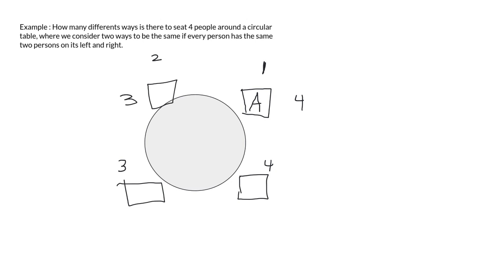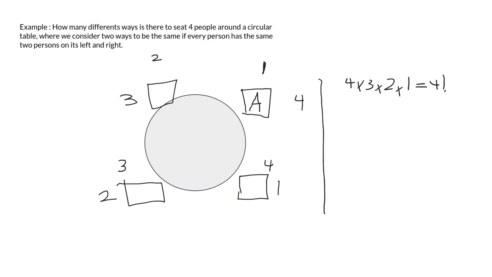And we seat someone else in the third place, and we have two, and we seat someone in the fourth place, and we have only one possibility. So by now we have 4 times 3 times 2 times 1, 4 factorial, different possibilities of seating people around the table by the multiplication rule.